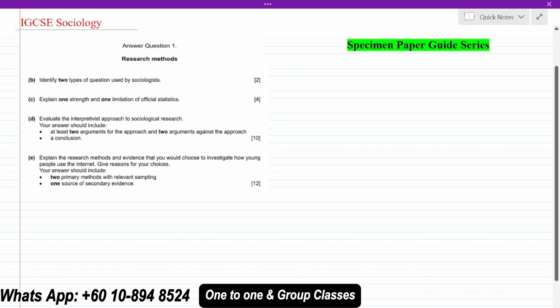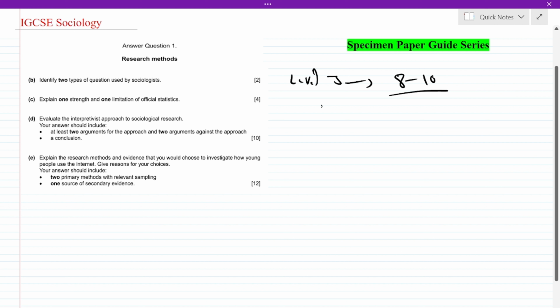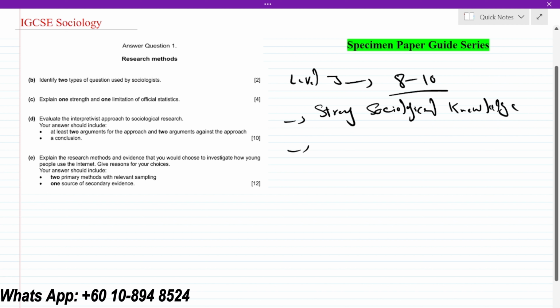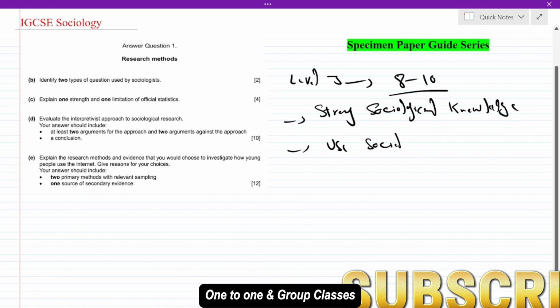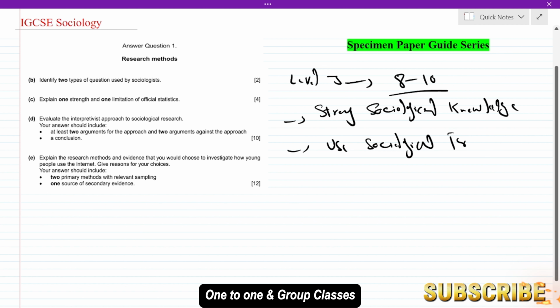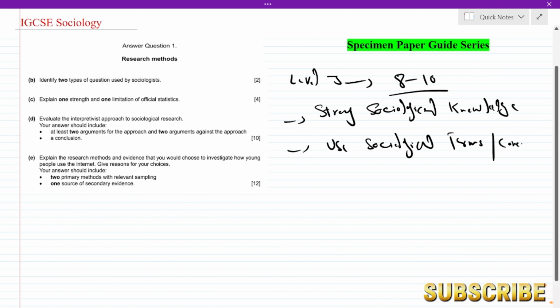Right. So for this 10 marks question, I'm just going to talk about level 3 of your marking scheme. The level 3 marking scheme is saying that you would be able to get 8 to 10 marks with strong sociological knowledge, and then use sociological terms and concepts.